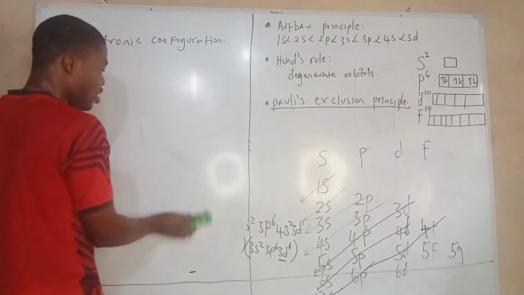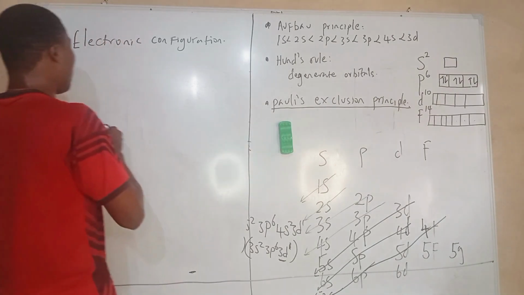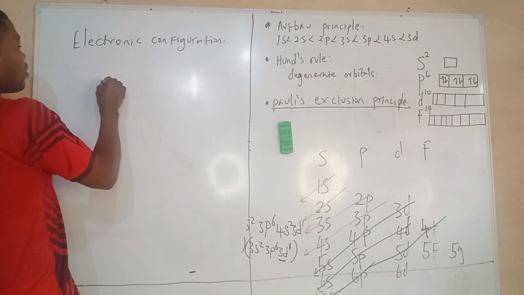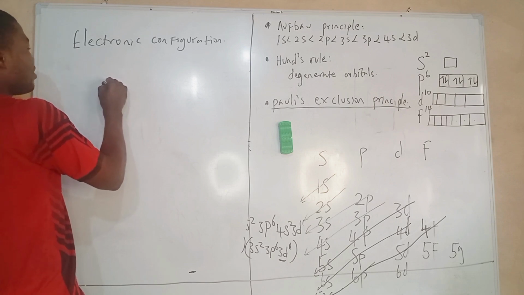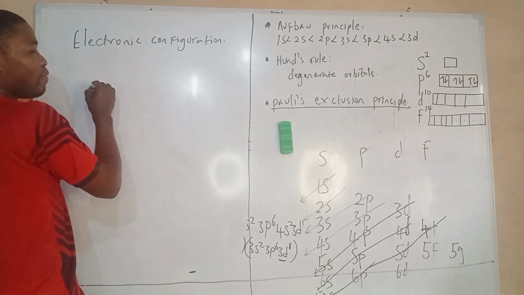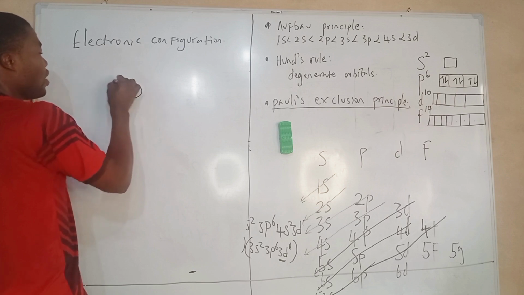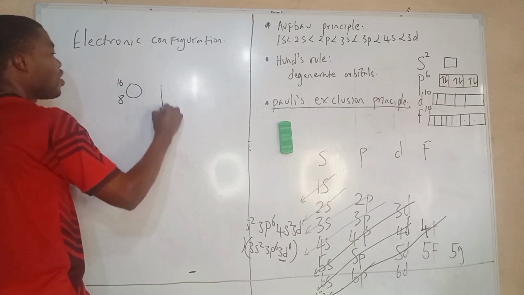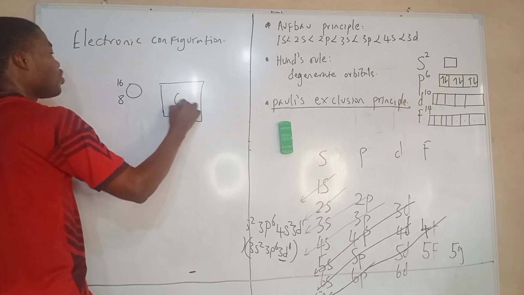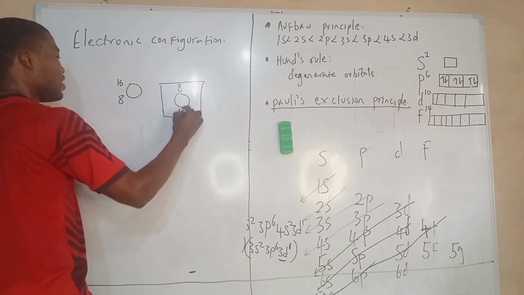So I'm going to let you try. I'm going to write something simple. Let's say oxygen-16, 8O16.